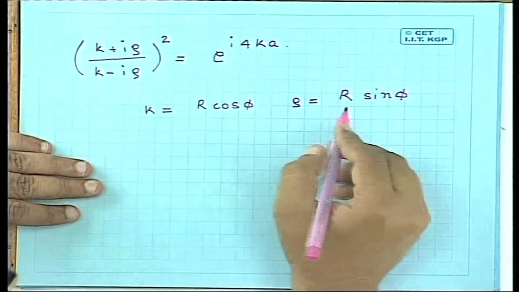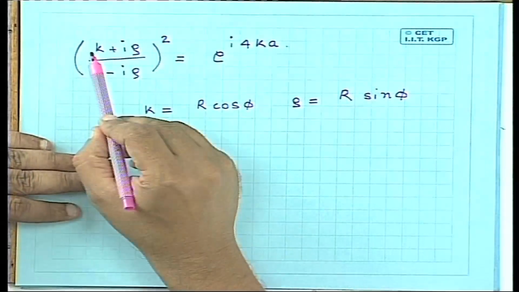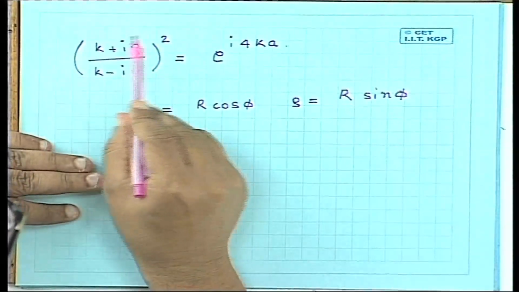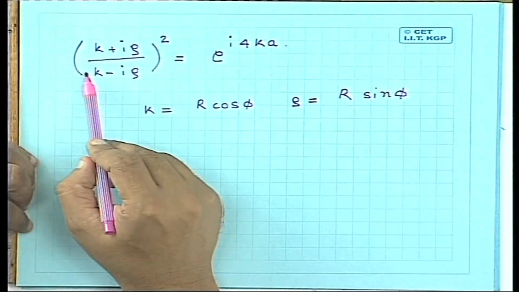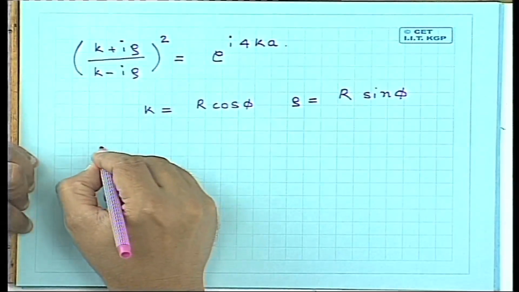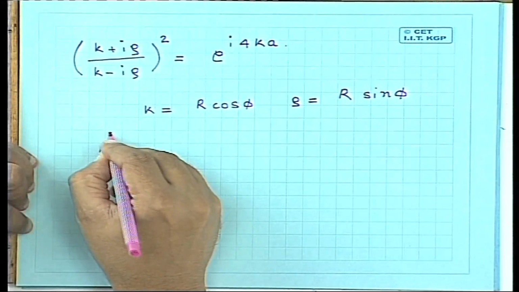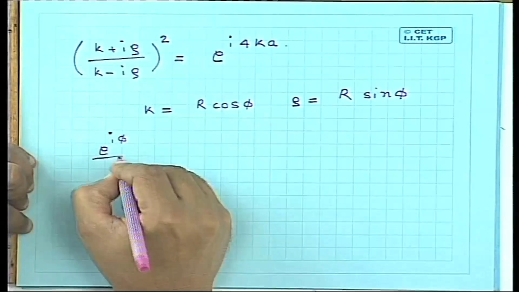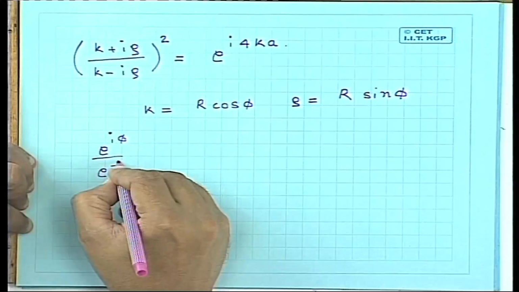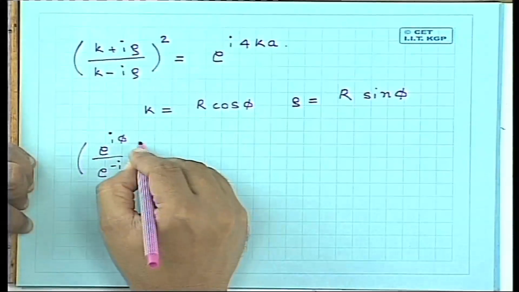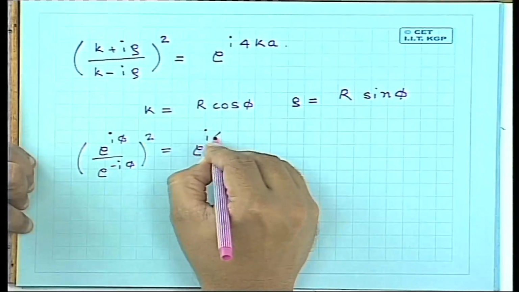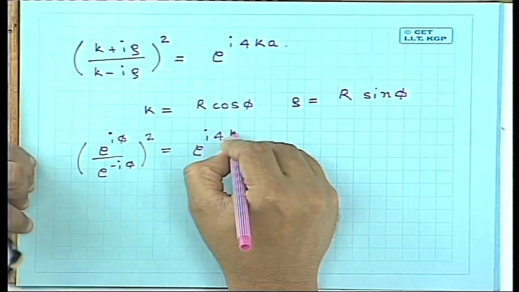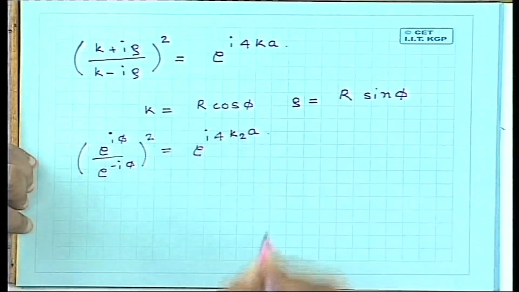With this kind of a substitution, the numerator becomes e to the power I phi, the denominator becomes e to the power minus I phi. So I have e to the power I phi divided by e to the power minus I phi, whole thing squared, is equal to e to the power I 4 k2a.